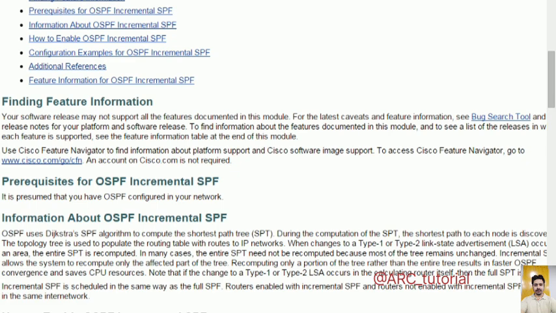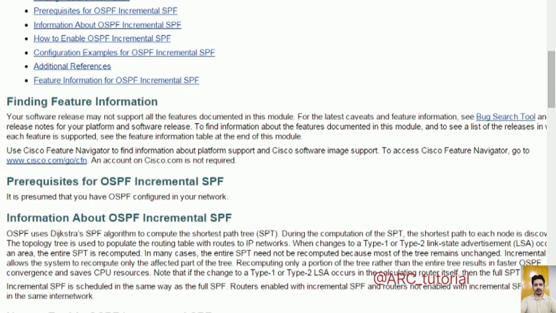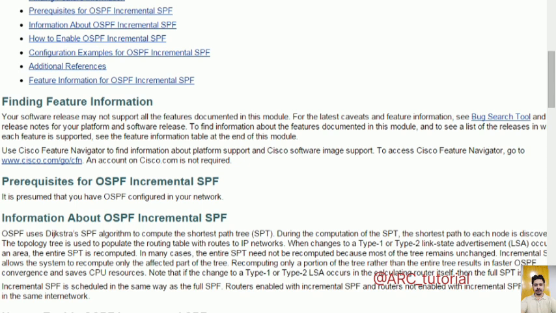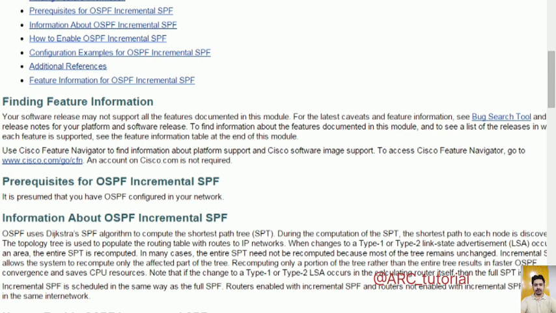When changes to a type 1 or type 2 LSA occur in an area, the entire SPT is recomputed, right? In many cases, the entire SPT need not be recomputed because most of the tree remains unchanged. Incremental SPF, just try to understand it, allows the system to recompute only the affected part of the tree. So I hope that you have understood the meaning of incremental SPF.